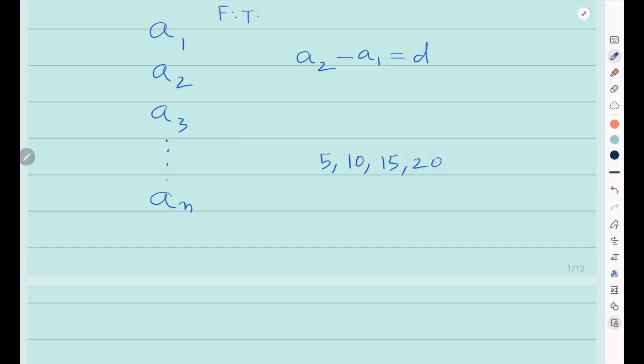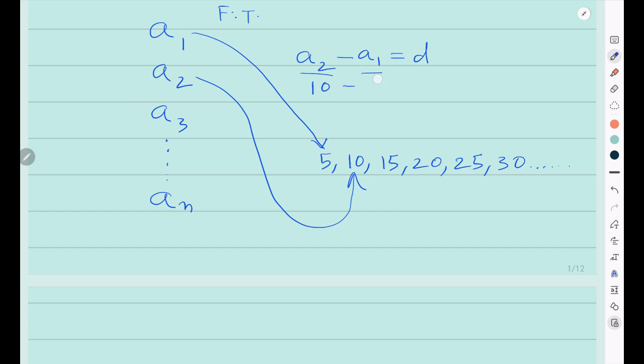d is any number. So in this particular example, again I am trying to give one example. So this is an arithmetical progression. Okay, so the first term is 5. Second term is 10. So what is a2 minus a1? 10 minus 5, that is 5.